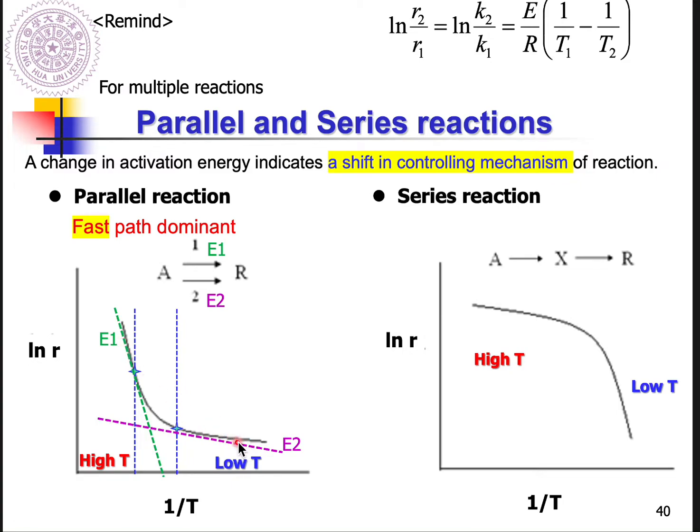Based on this characteristic, it is always the faster reaction, with the faster reaction rate, that dominates the whole reaction. That implies that the relationship between reaction 1 and reaction 2 is a parallel reaction.